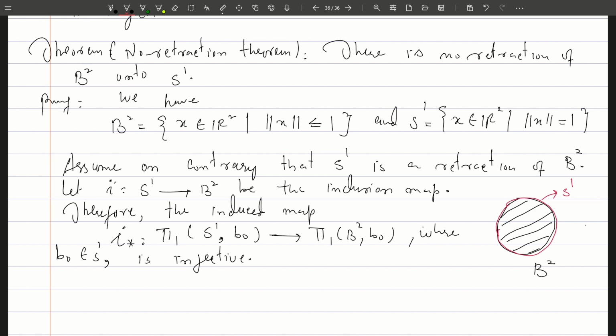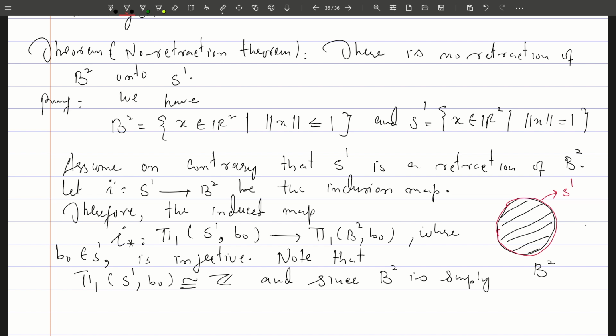So pi 1 of S1 based at B naught is isomorphic to Z, and since B2 is simply connected, the fundamental group of B2 based at B naught is isomorphic to the trivial group.